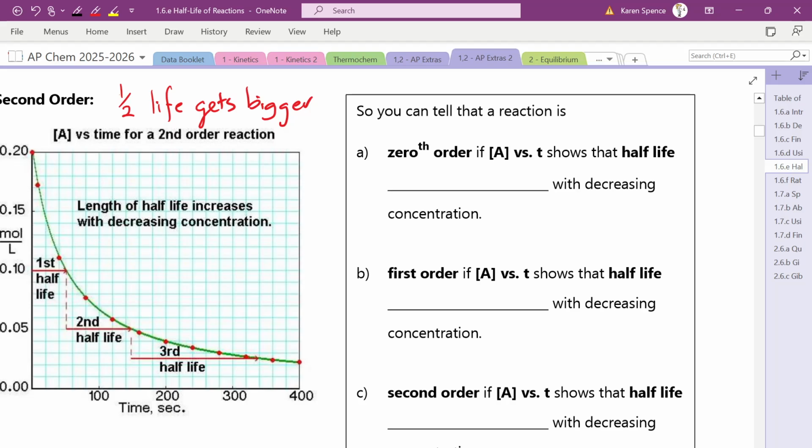0th order of A versus T shows that half-life does what with decreasing concentration? As concentration decreases, the half-life decreases.